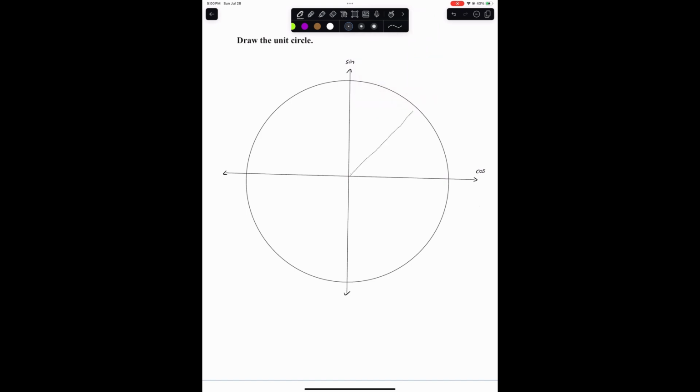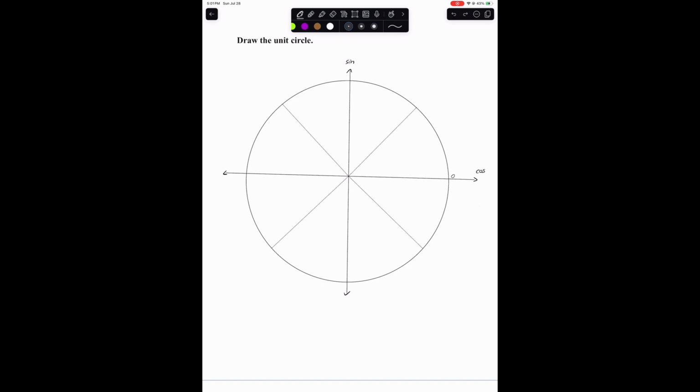Okay, so probably the most notable, or the easiest one to remember, is when your angle is pi over 4. So at this angle, and when we talk about angles, we're talking about from 0, going outwards this way in a counterclockwise angle.